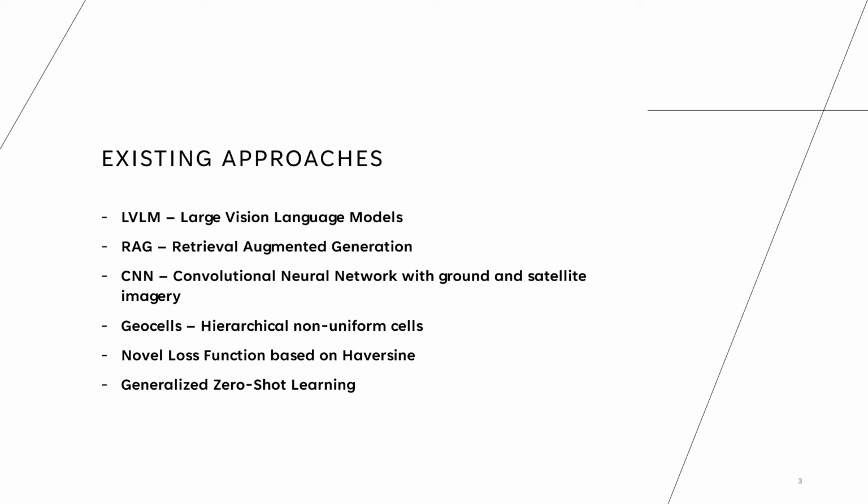The first two, large vision language models and retrieval augmented generation, were used in a paper a few years ago. How it works is basically you have text data and then you have visual encoders, and those are paired together to transform text into imagery, and then it's combined with RAG, retrieval augmented generation. RAG you can think of as a massive library that stores all these data files, and you can pull those out and compare them with what you get from LVLMs.